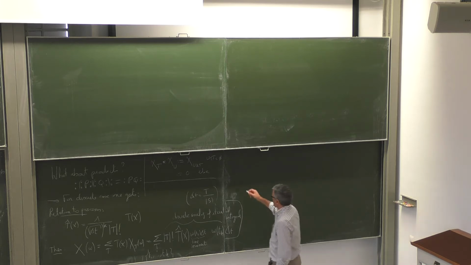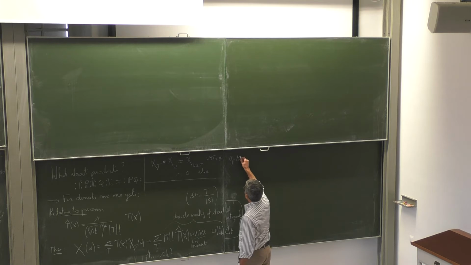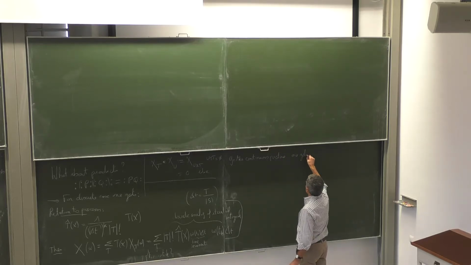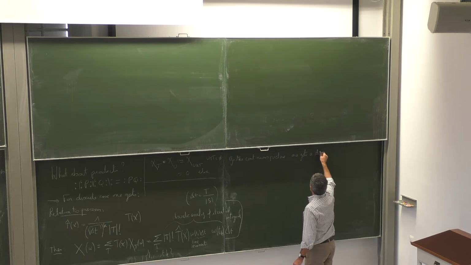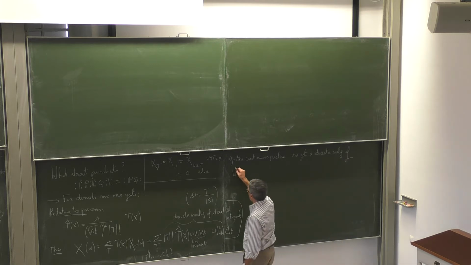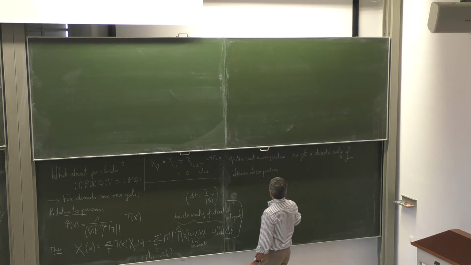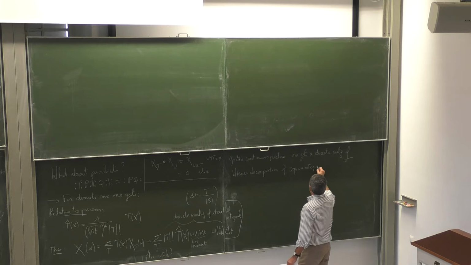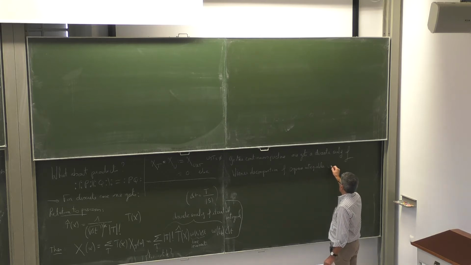But if you go to the continuous picture, what you get is a discrete analog of the Wiener decomposition of, say, square integrable variables associated to Brownian motion.